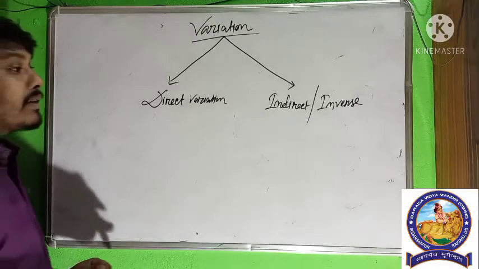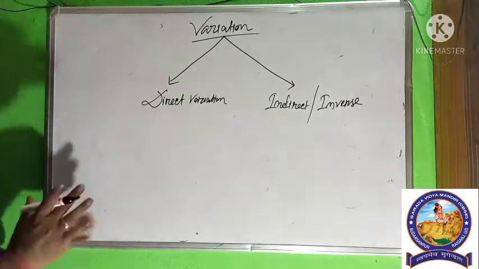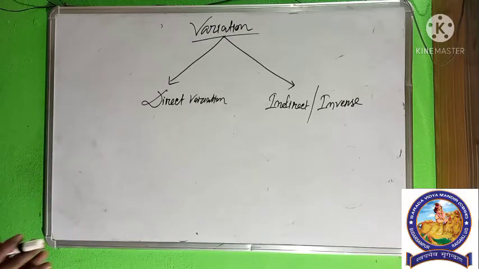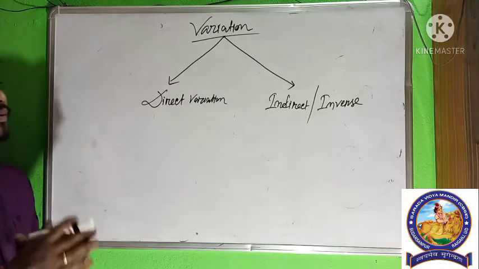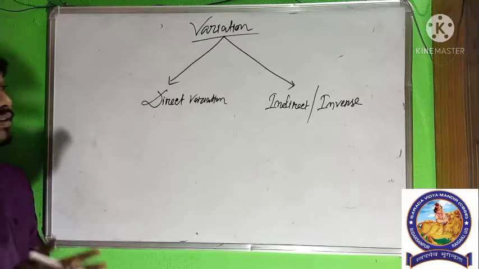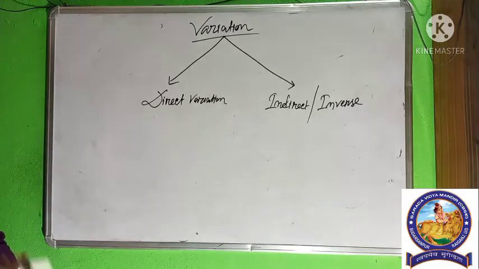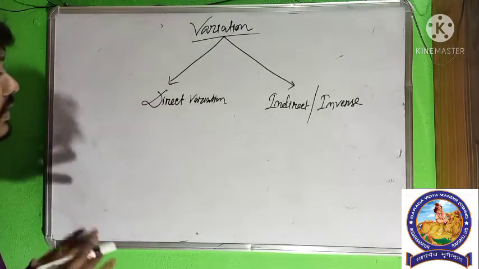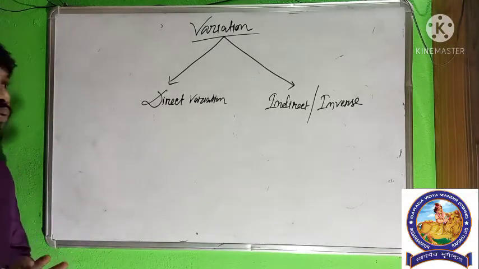So variation means two quantities. We compare two quantities, or we have to find the relation between two quantities or two items. So here we need two quantities or two items or two variables.